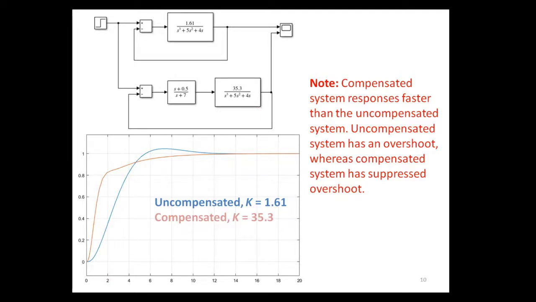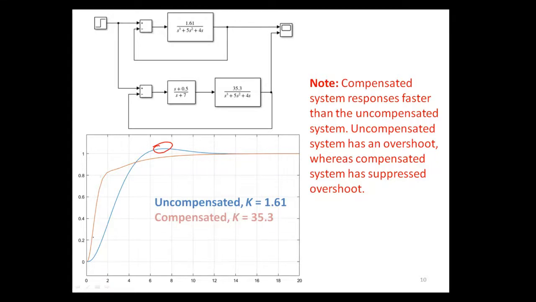And to show the transient response of these two systems, we get a time plot. This is performed by using MATLAB Simulink, constructing these Simulink block diagrams, and you may see that the uncompensated system, with K equals 1.61, has an overshoot, and the response is much slower as compared to the compensated system where K is now 35.3.